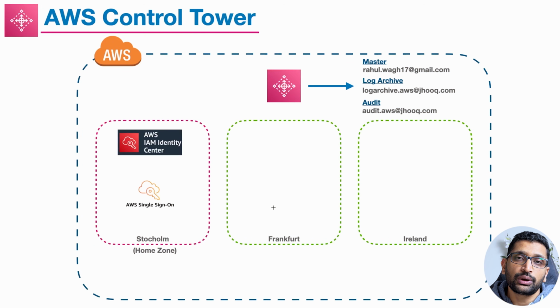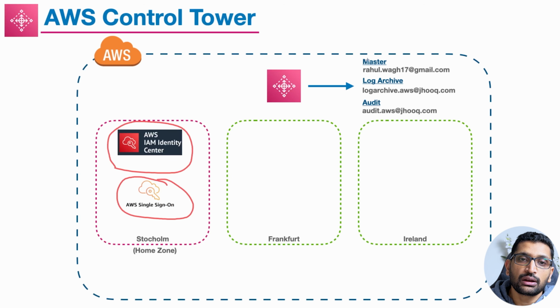Now, one more thing. After I set up my AWS Identity Center, which means I am also setting up single sign-on, because we are now playing with 3 accounts, all of these 3 accounts need to have a single sign-on. I'll show you that also, so don't worry. Since Stockholm is our home region, we have to set up the SSO, and that SSO comes as a part of Identity Center.